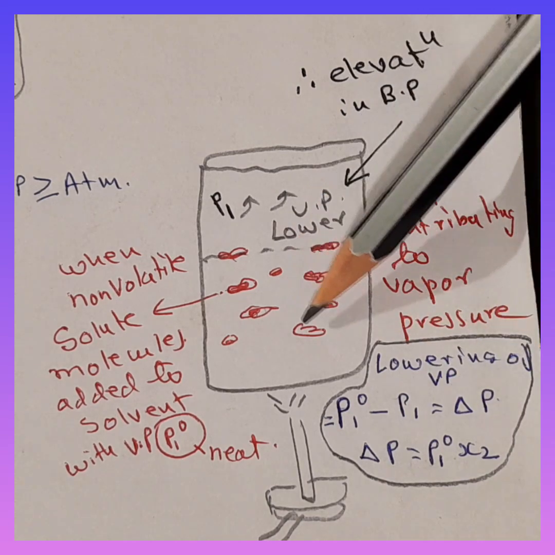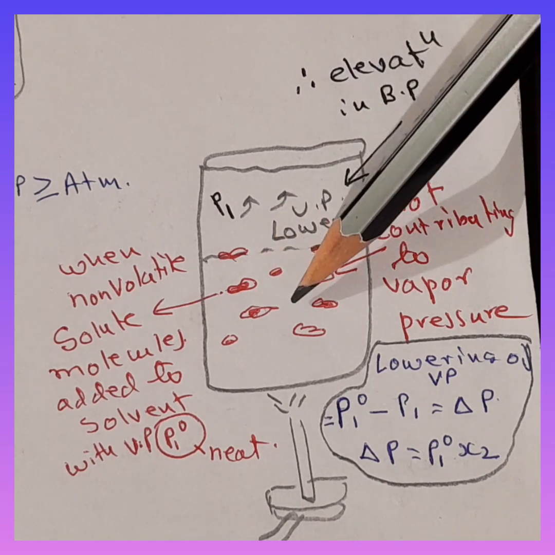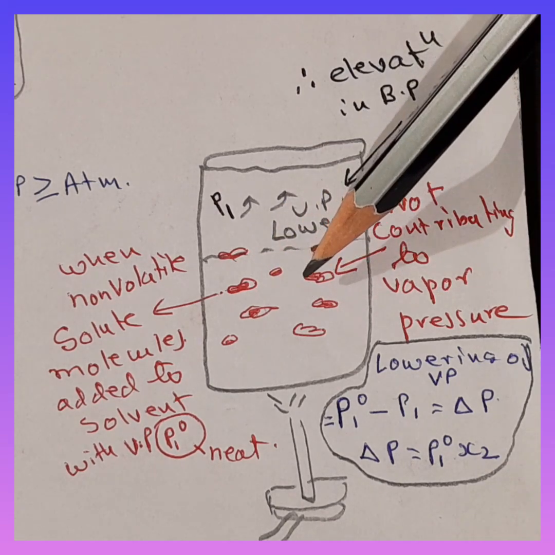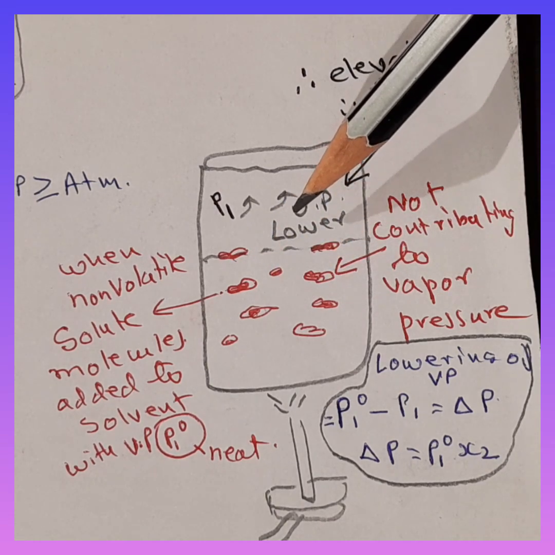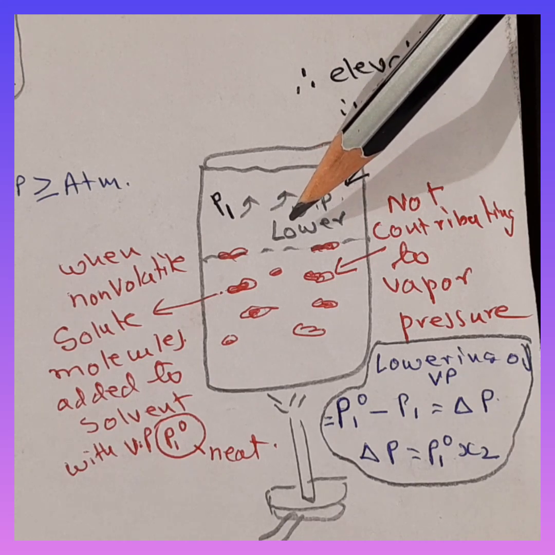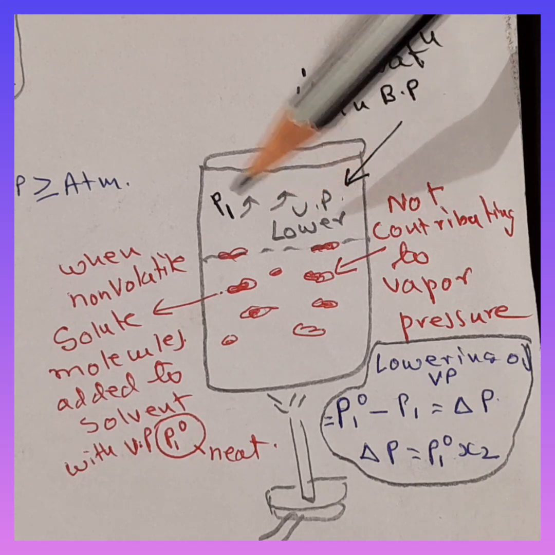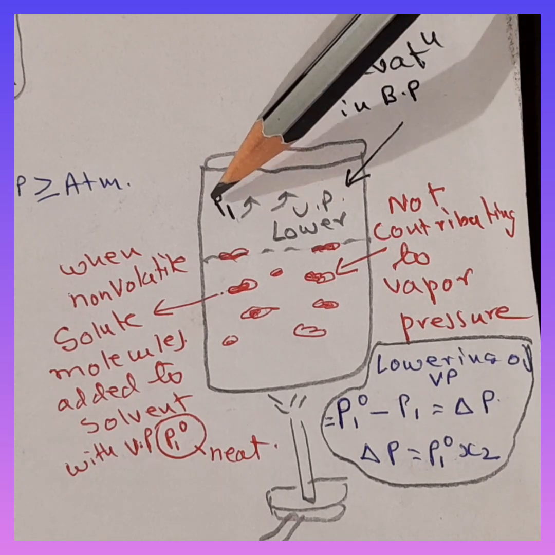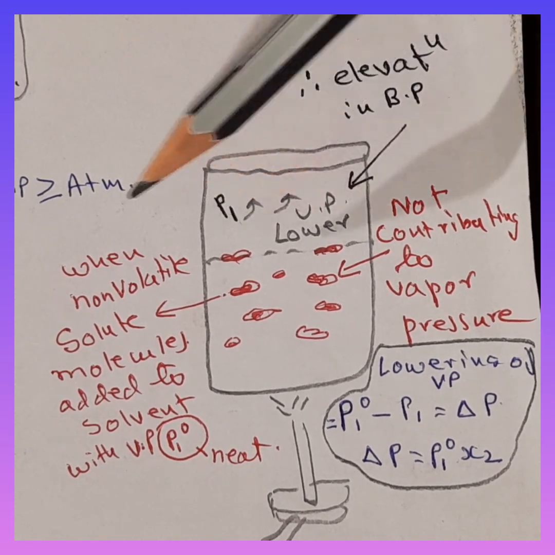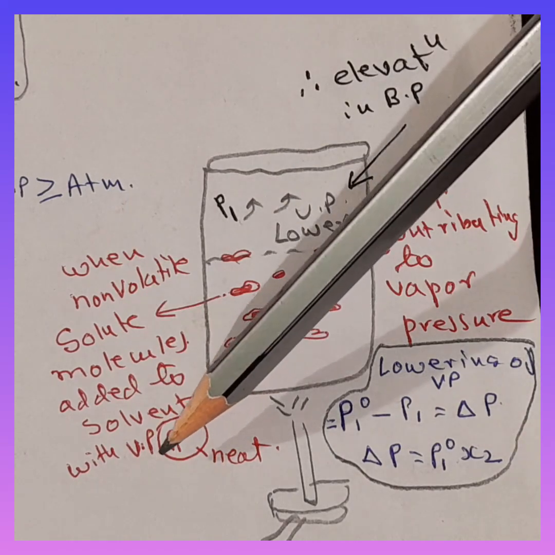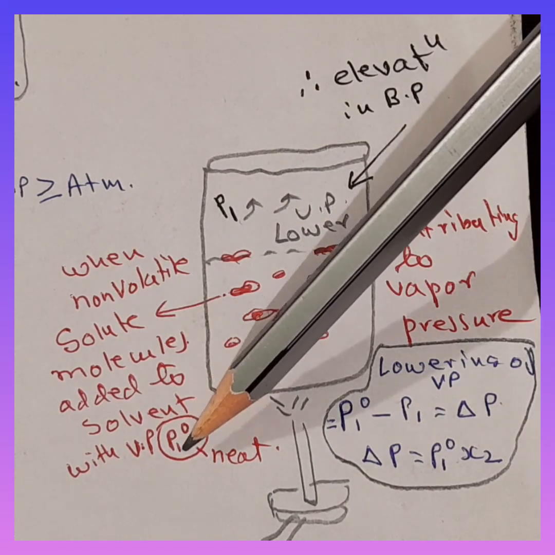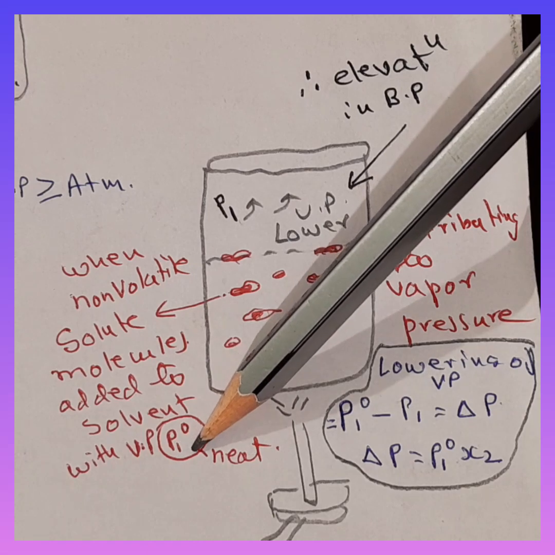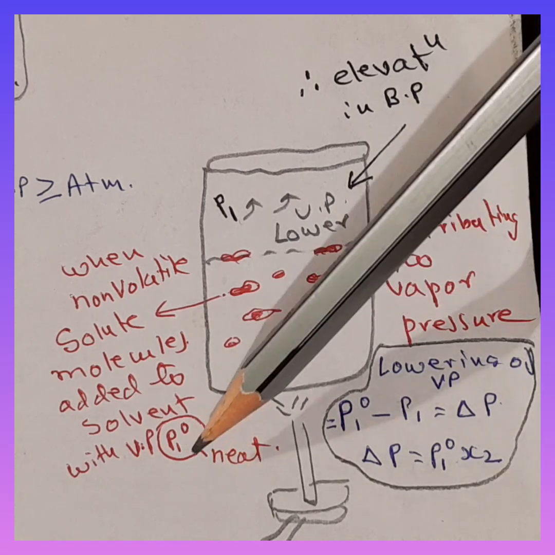Now when we added solute to the solvent, it lowered the vapor pressure. That lowered vapor pressure is represented by P1, subscript 1. Then we also have another term over here, P10. P10 is the vapor pressure of neat solvent.